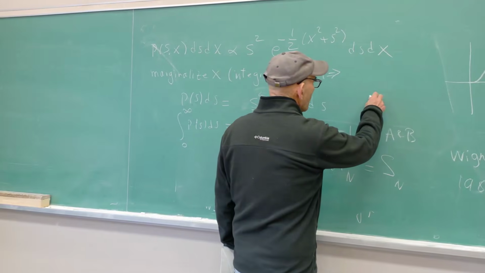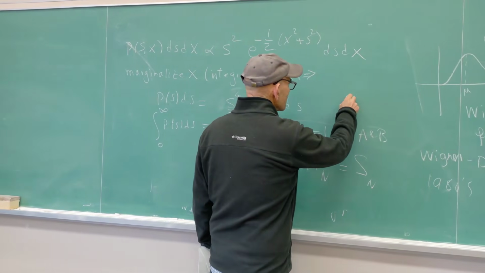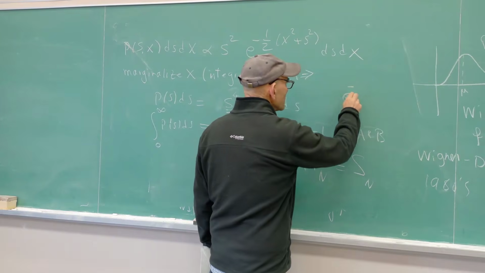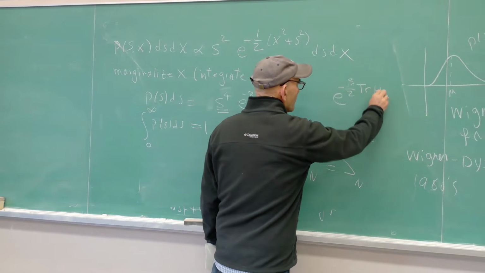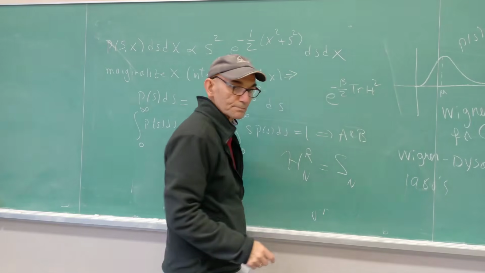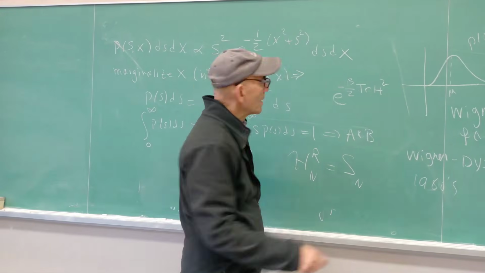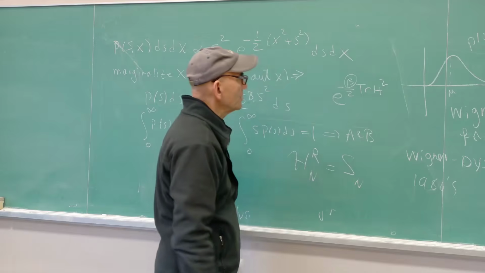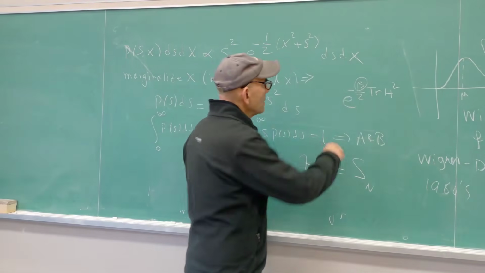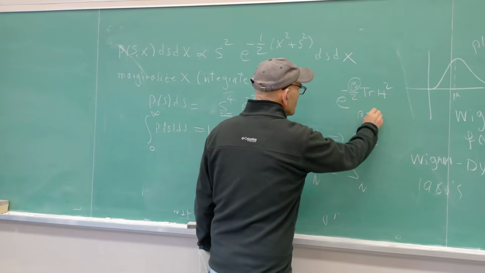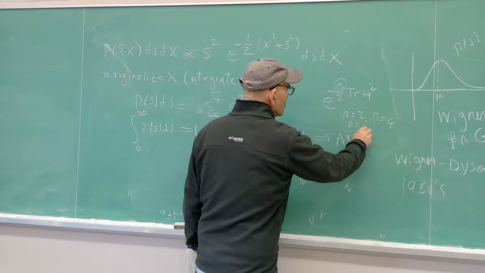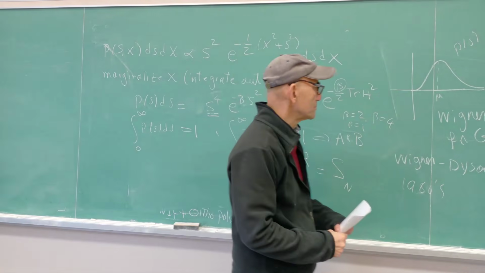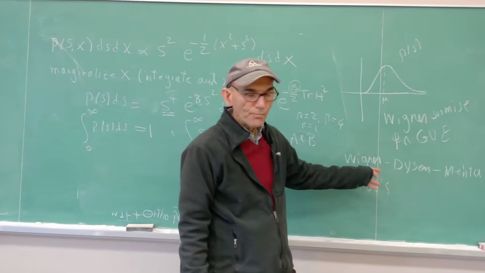In general, what we have is exponential of minus beta over 2 trace of H squared. So beta equal to 1, 2 and 4 gives us this threefold way.